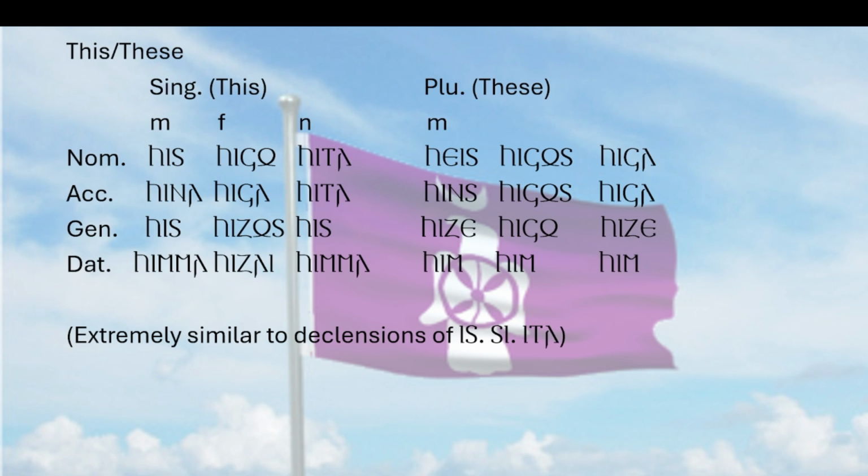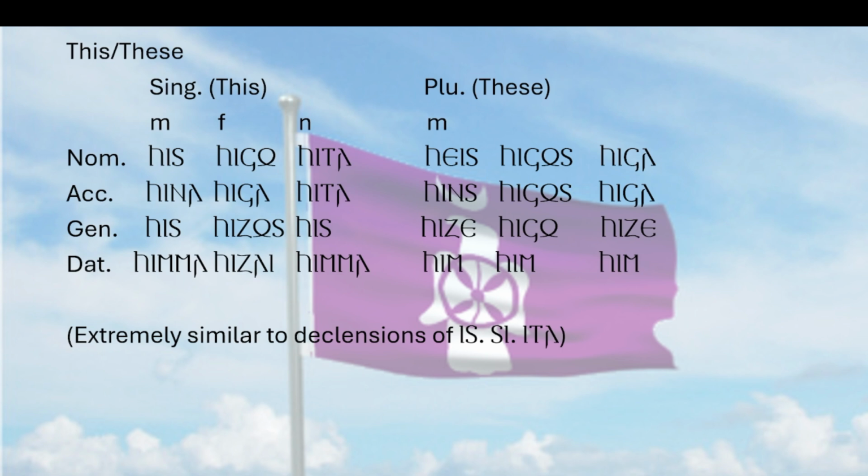So the nominative masculine, his, nominative feminine, 𝐼𝐼, nominative neuter, 𝐼𝐻, nominative plural masculine, his, nominative plural feminine, 𝐼𝑜s, nominative plural neuter, 𝐼𝑎. Accusative masculine, 𝐼𝑛𝑎, accusative feminine, 𝐼𝑎, accusative neuter, 𝐼𝑡𝑎. Accusative plural masculine, ՀINS, accusative feminine, 𝐼𝑜s, accusative neuter, 𝐼𝑎.